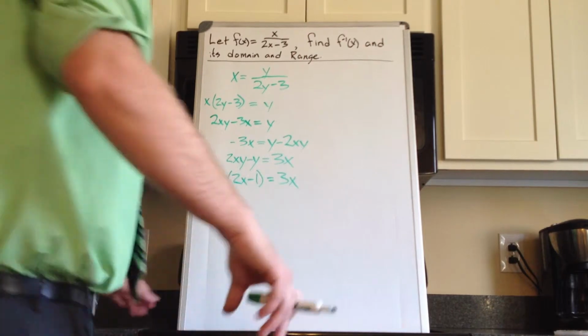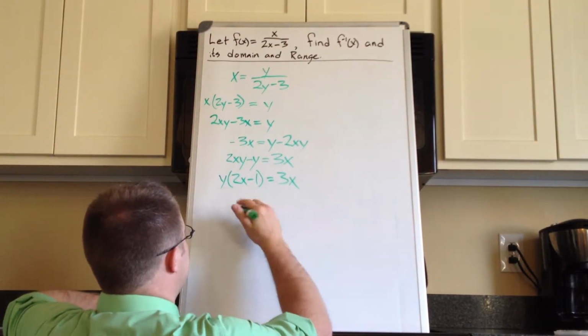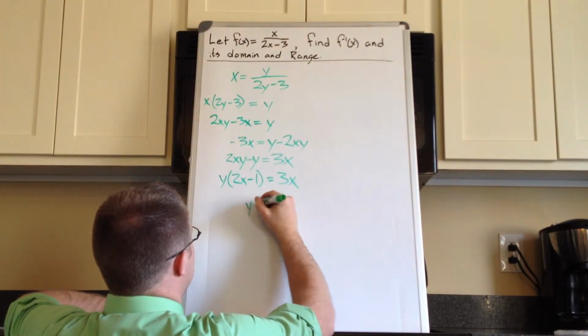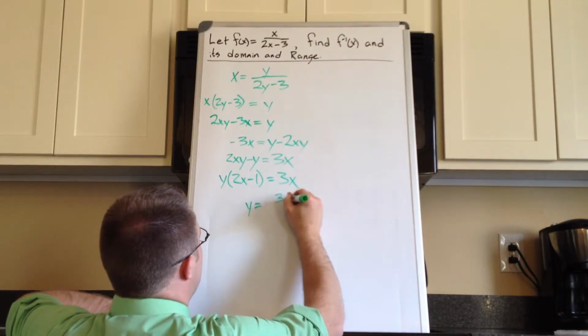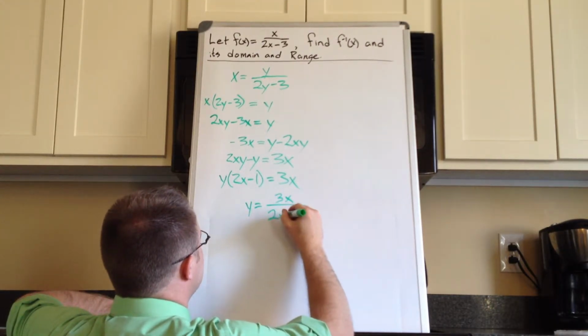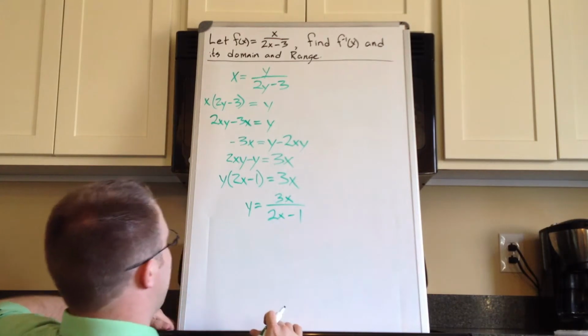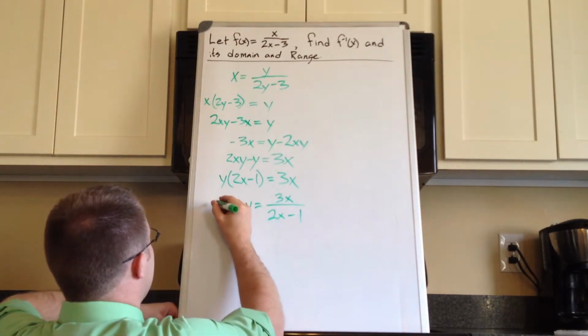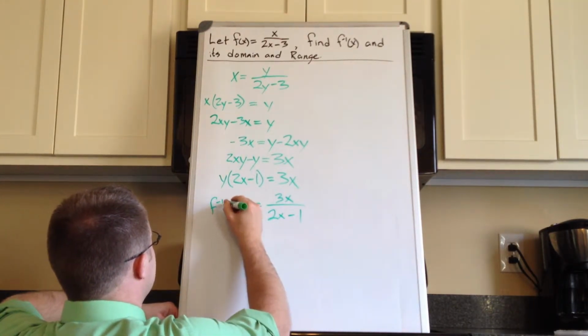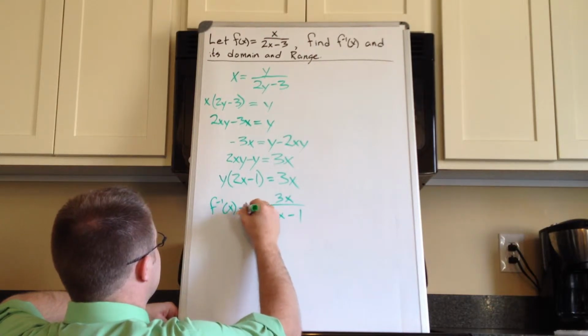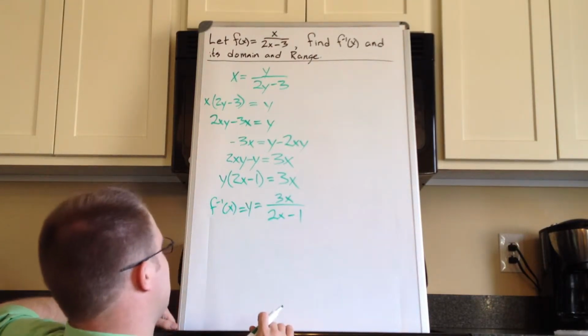So after I divide both sides by 2x minus 1, I'm going to have y equals 3x over 2x minus 1. So that is our inverse function. This is f inverse of x equals y equals 3x over 2x minus 1.